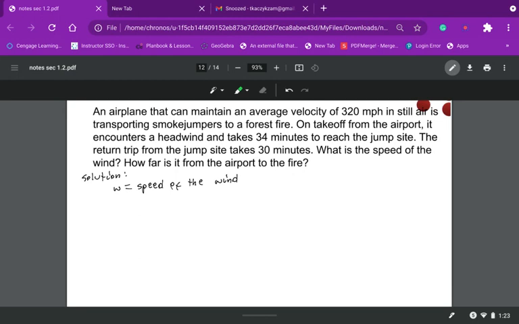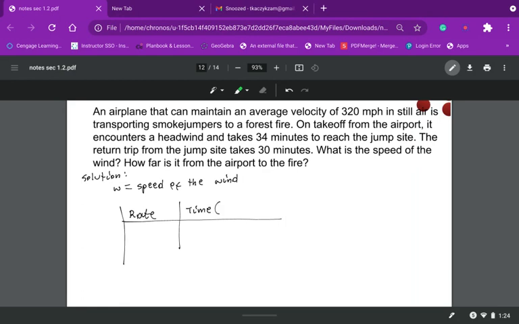I think the best way to express this problem is by putting it in a table. So distance is rate, which is the speed, times time.